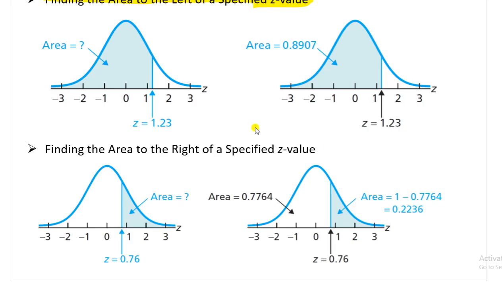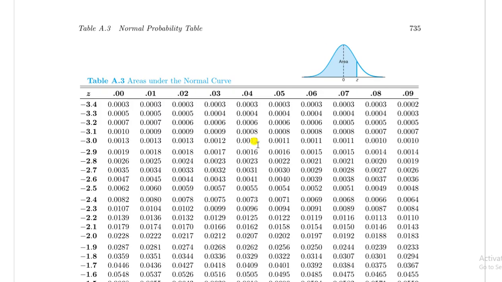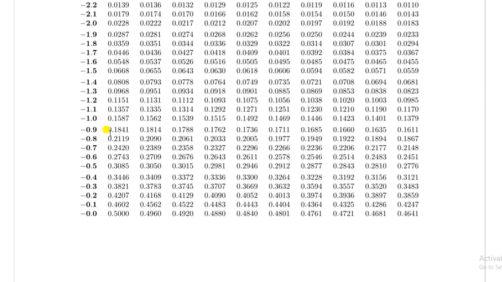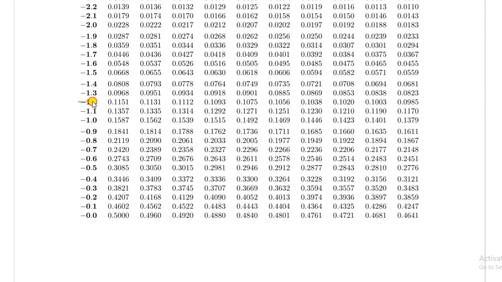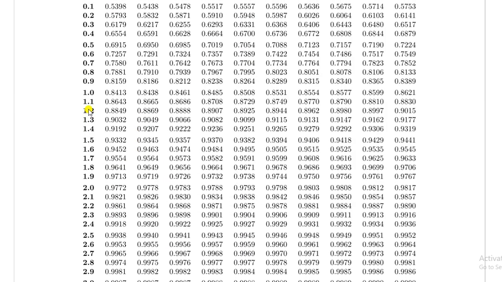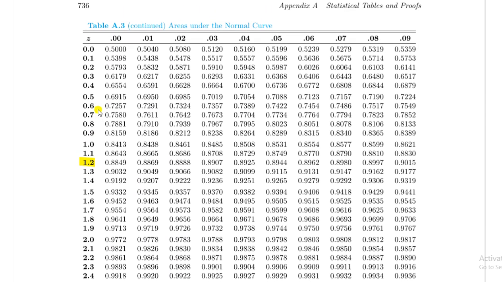So now what is the value here? 1.23. So we are looking for the area to the left of 1.23. You will see 1.2 on the left. This is -1.2, I'm not looking for this. I'm looking for +1.2. So look at 1.2 here, and 3 at the column.